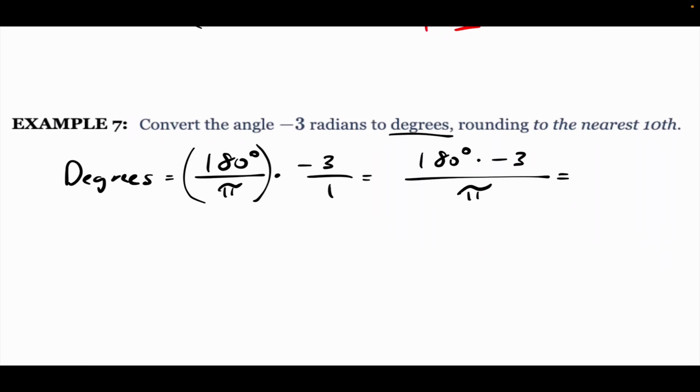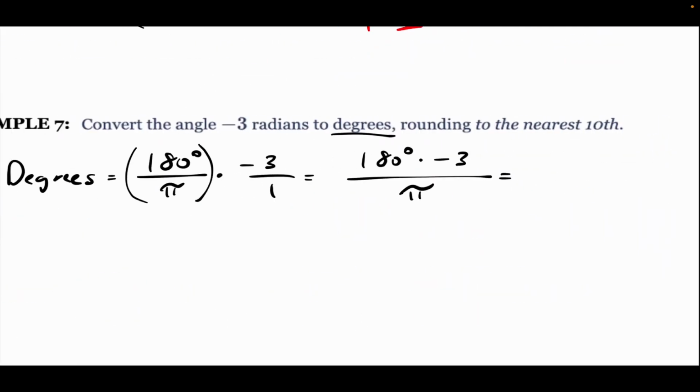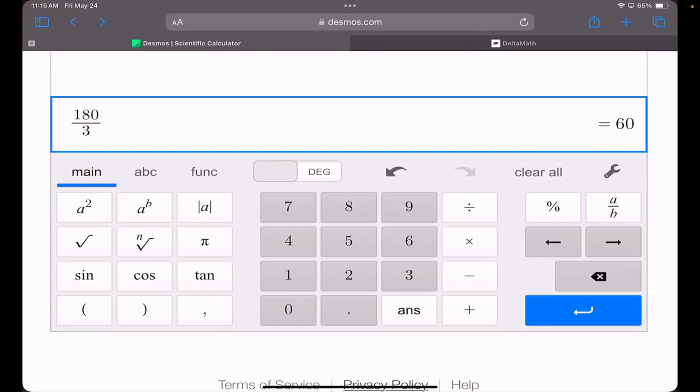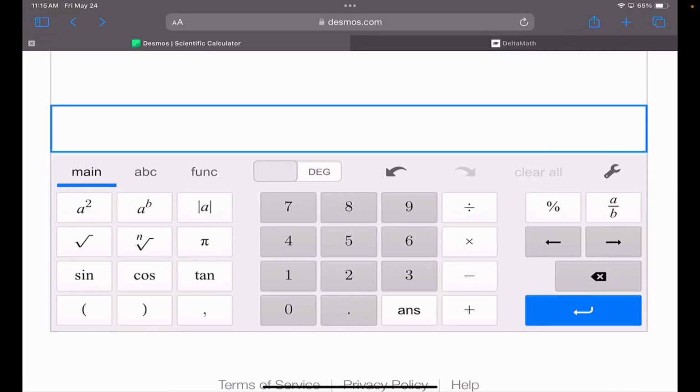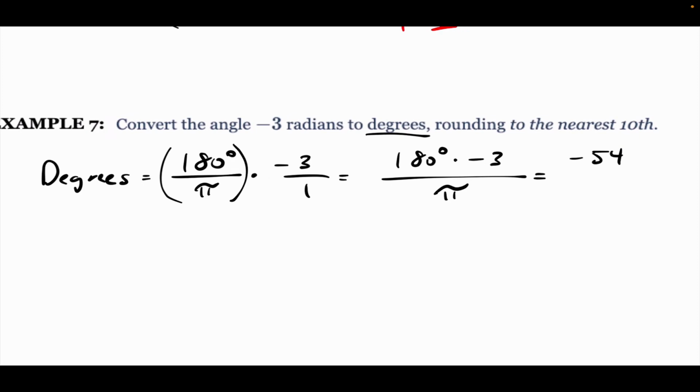So I got 180 times -3. -540. So here's one with pi on the bottom. So, oops, this is still degrees, sorry. It's still degrees.